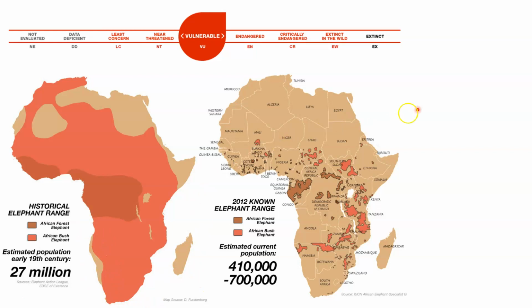Now, this map is kind of getting old. It comes from 2012, but that's when good studies were done. It's about time for somebody to replicate a similar study. So by 2012, this is where African forest elephants and African bush slash savanna elephants occur, and we can see the forest elephant range compared to the historical range.